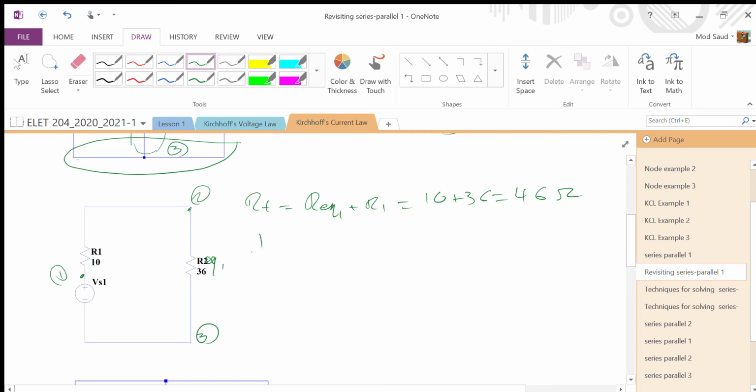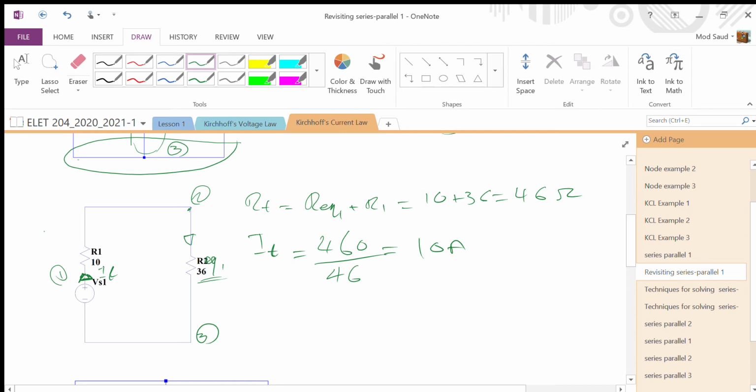Now I total equals 460 divided by 46, which is equal to 10 amp. We have this current flowing through R1 and through the equivalent resistor.